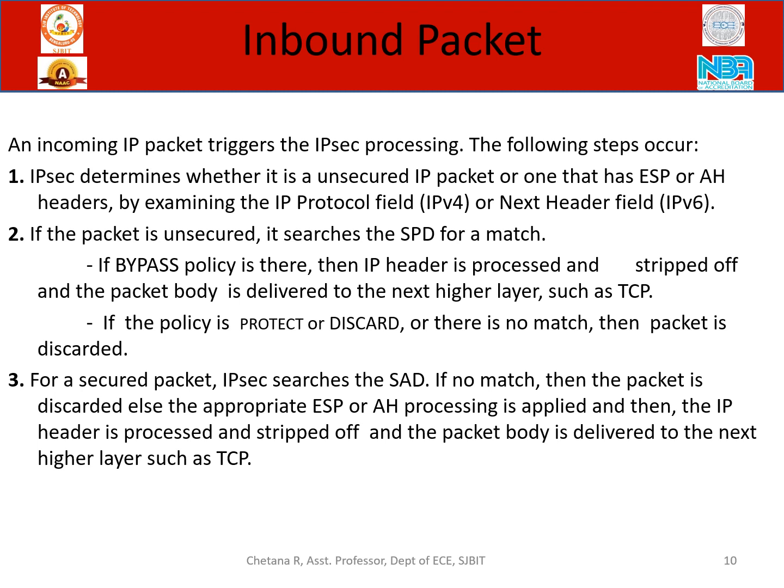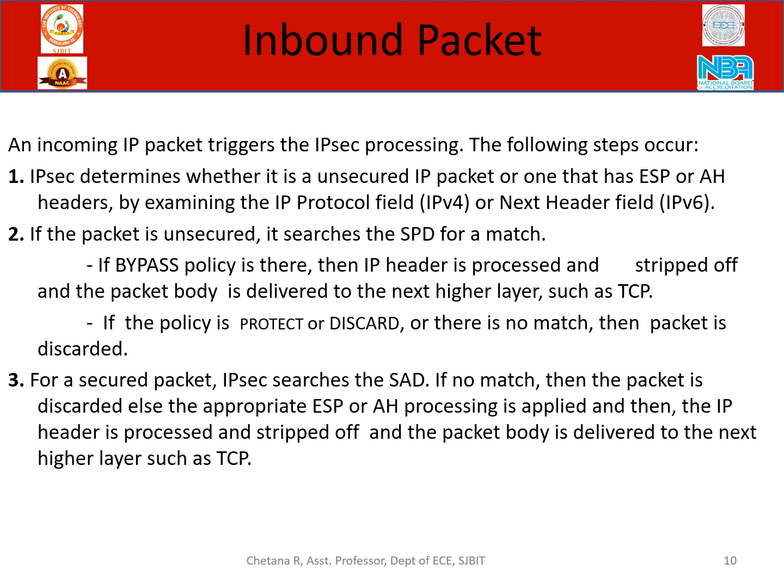If the packet is unsecured, it searches the SPD. If a bypass policy is there, then the IP header is processed, and once it is processed, it removes the upper layer and the inner body is delivered to the next layer. If the policy is protect or discard and there is no match, then the packet is discarded.